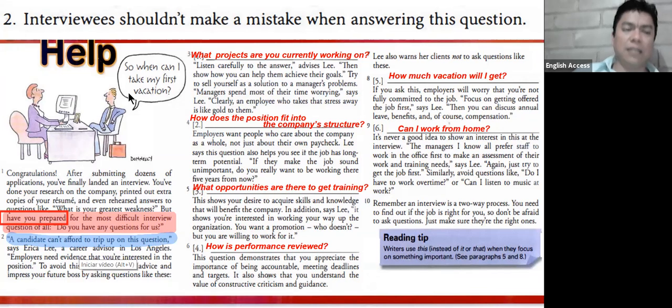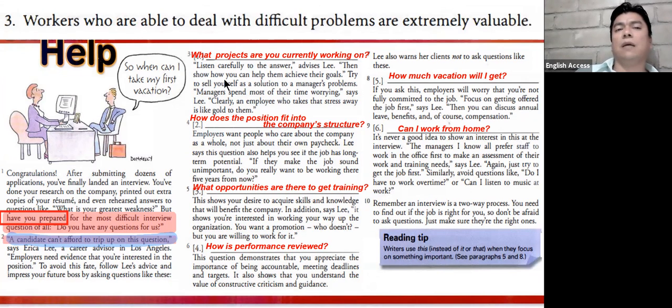Very good, Leslie. That's correct. That's where it is. That's good. Let's go for the next one, number 3. Workers who are able to deal with difficult problems are extremely valuable. Where is that?